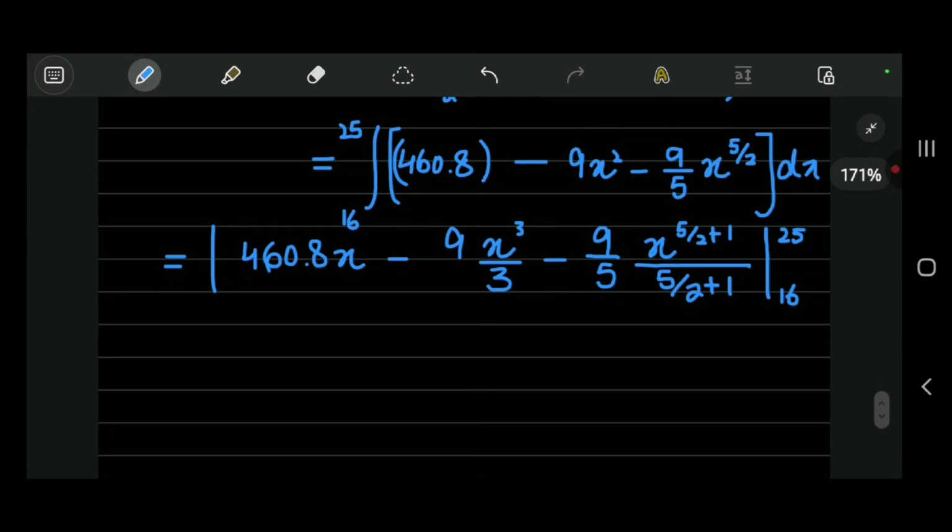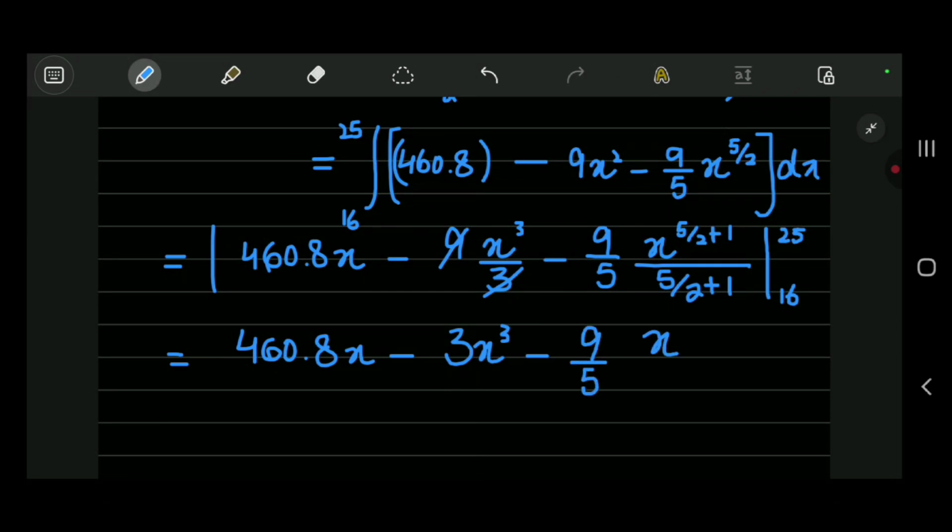Now simplifying it further and then putting in the limits: 460.8 times x minus 3 times 9, so 3x cubed, minus, what is 5 over 2 plus 1? It's 7 over 2, so 9 over 5 x to the 7 over 2, over 7 over 2.